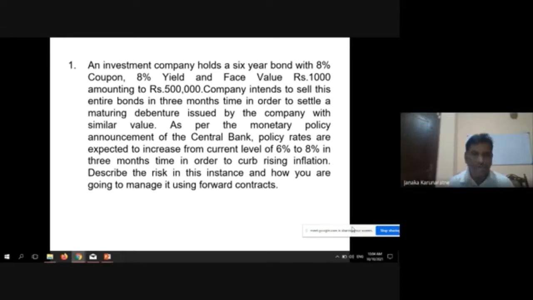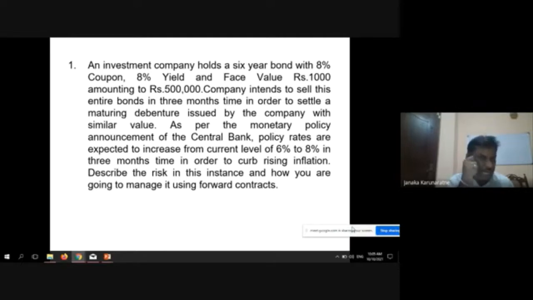Okay. So always when you say risk, express it in terms of the item first. Now here we are talking about interest rate risk, so the possible risk is the rising interest rate. Always express the risk in terms of the potential risk element. If you talk about foreign exchange risk, the risk is appreciation of the foreign exchange, whether dollar or rupee, or depreciation.